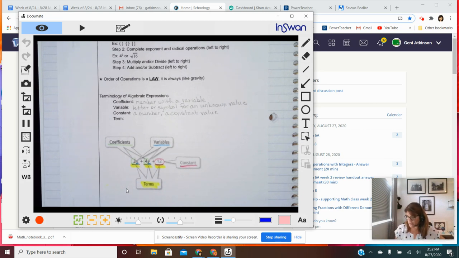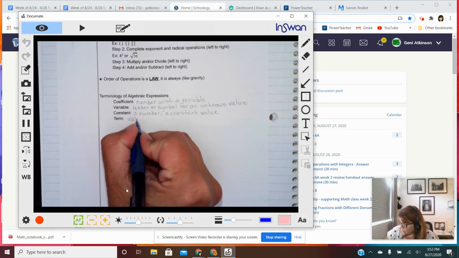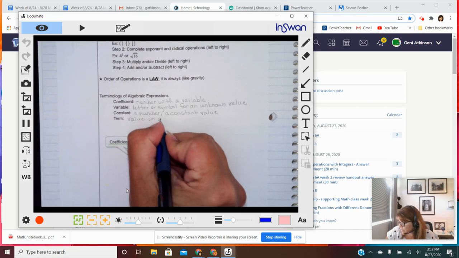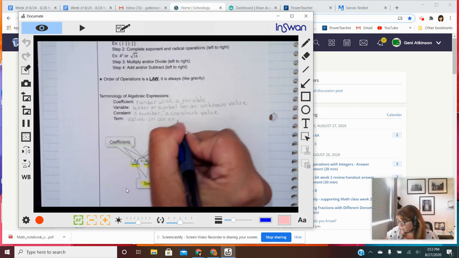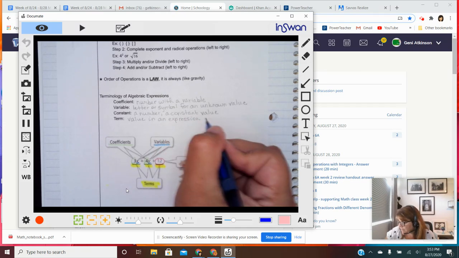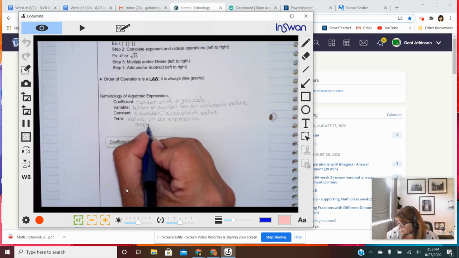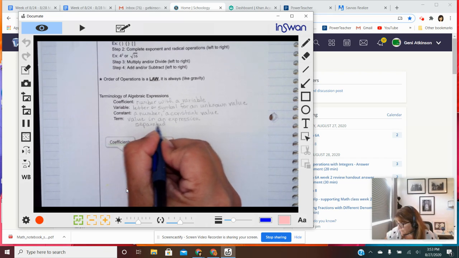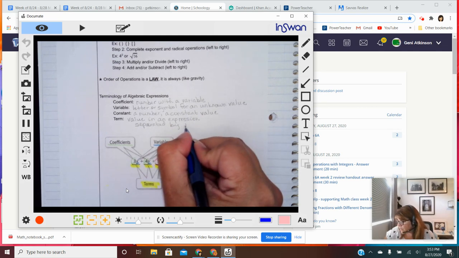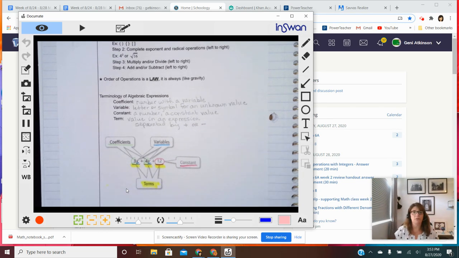So a term is a value in an expression or equation separated by addition or subtraction.